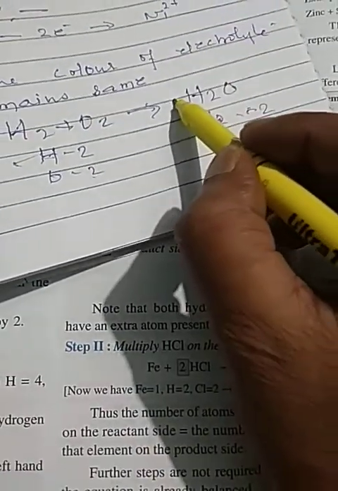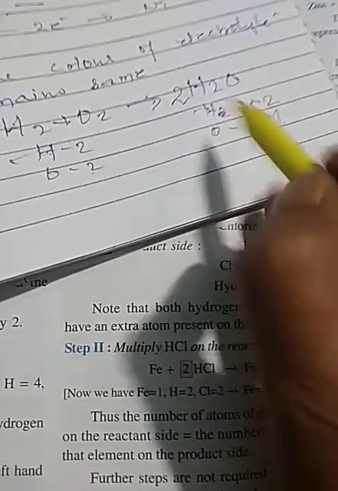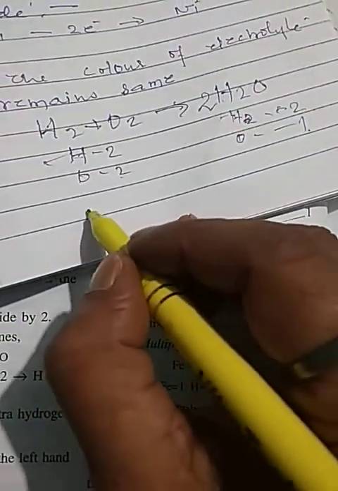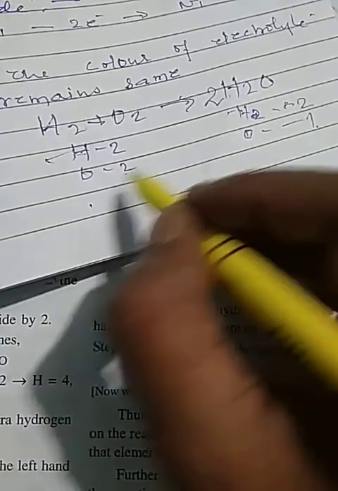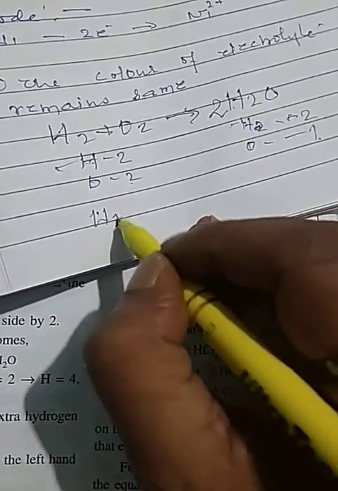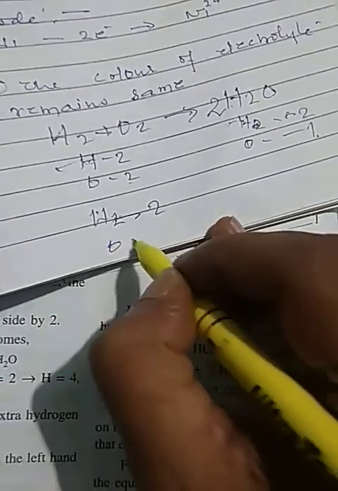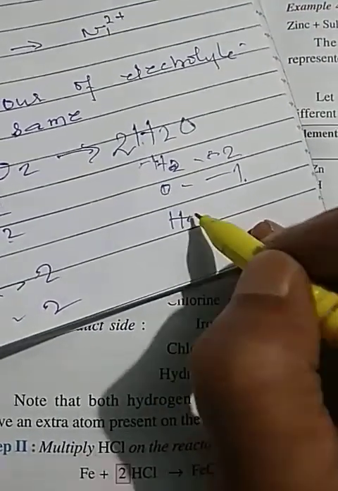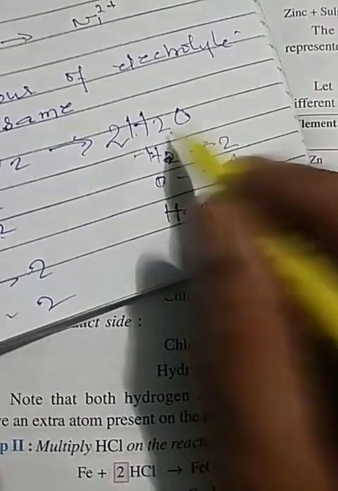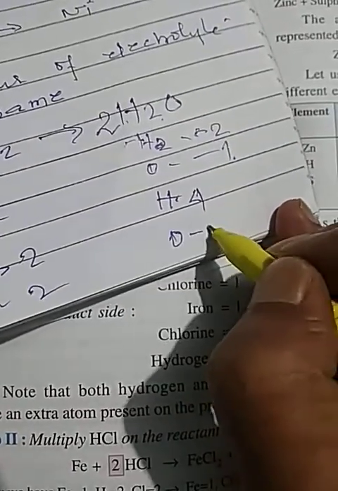If we now multiply it by 2, then what happens? On the reactant side, hydrogen is 2, oxygen is 2. On the product side, hydrogen is now 4, 2 to the 4, and oxygen is 2.